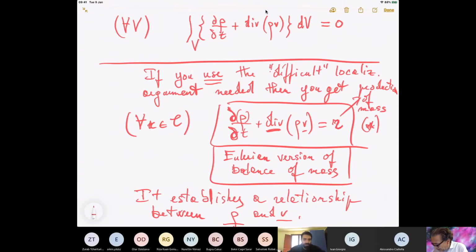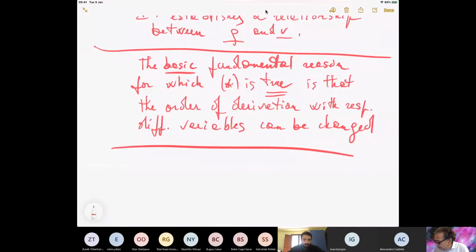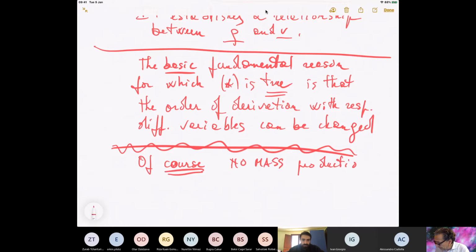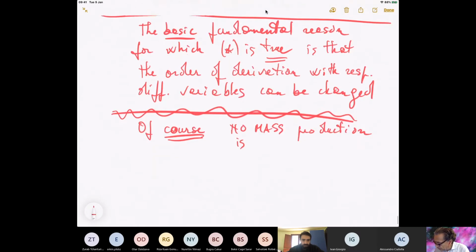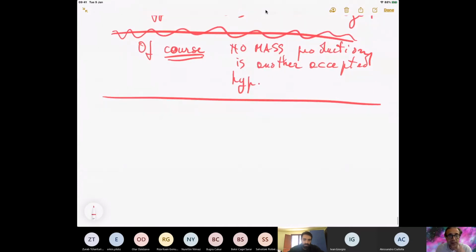But this is a complicated argument. We will try eventually to discuss it at the end of this course, if somebody is interested. What I want to say is that no mass production is another accepted hypothesis. Okay.